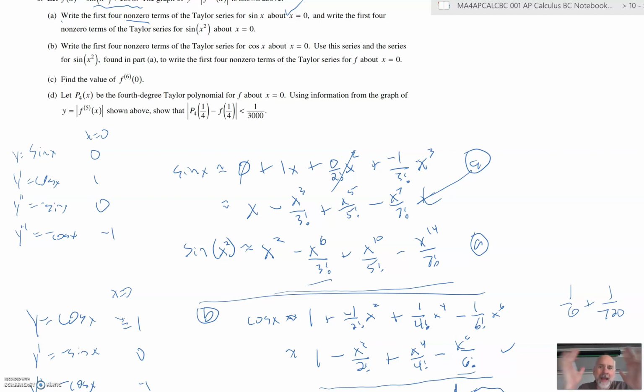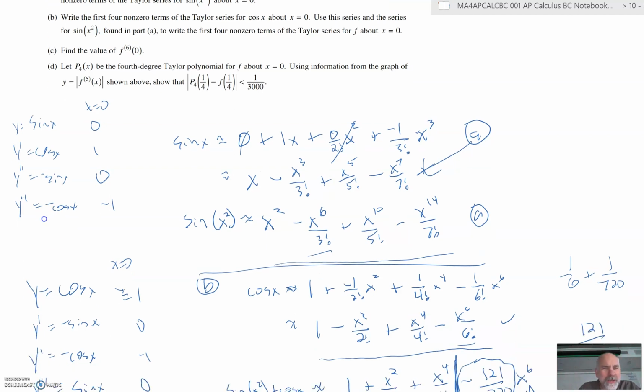So whenever you see that absolute value and the subtraction, you're going, okay, this is an error thing. And we're doing it from a Taylor polynomial, so this is the Taylor polynomial. This is the Lagrange error bound. So what do we know is true?